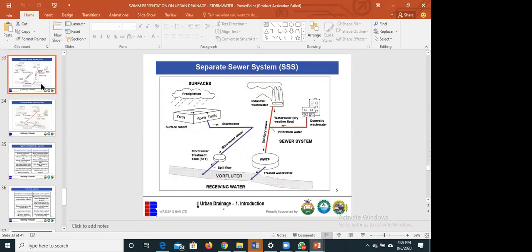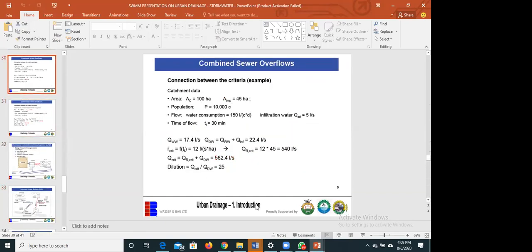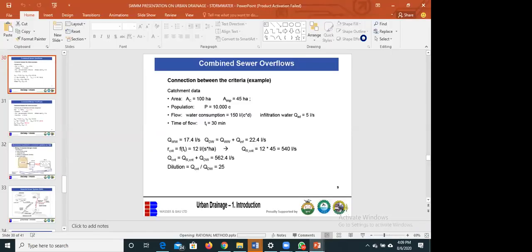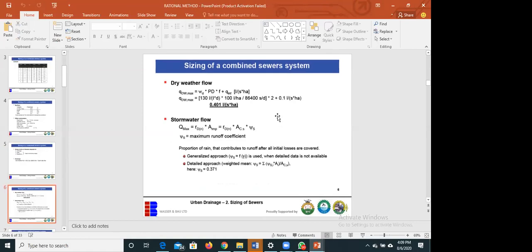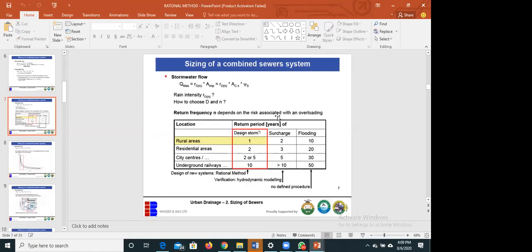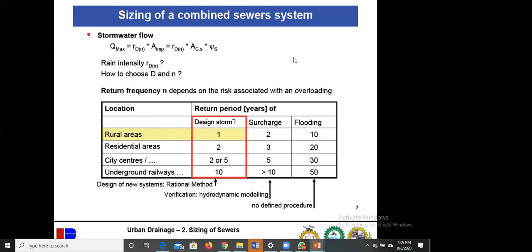Okay, the point I'm trying to make is this. If your design is in the rational method, you see, if you look at this place, it's a rural area.